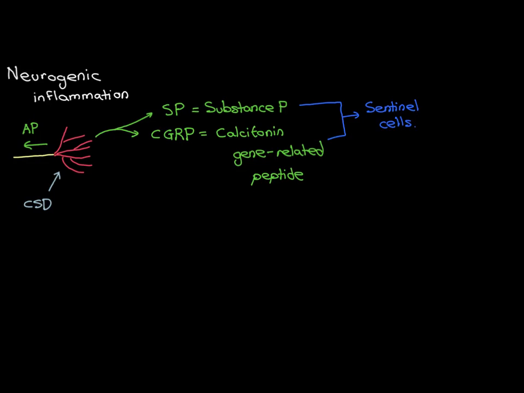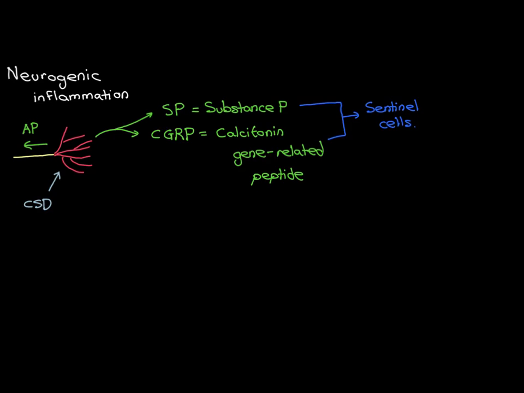And if they find those signs, then they set off the inflammatory response. They release the classical mediators of inflammation, like interleukin-1, tumor necrosis factor alpha, a special type of sentinel cell called a mast cell releases histamine, and other mediators like interleukin-6, prostaglandin E2, these major mediators of inflammation.